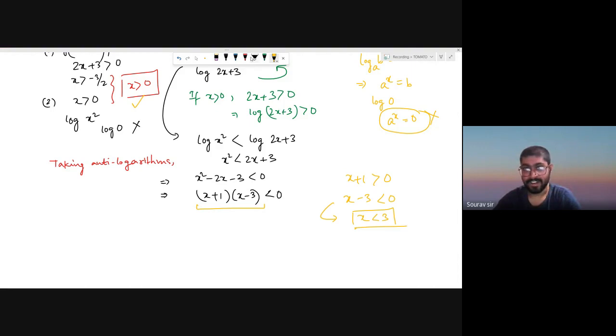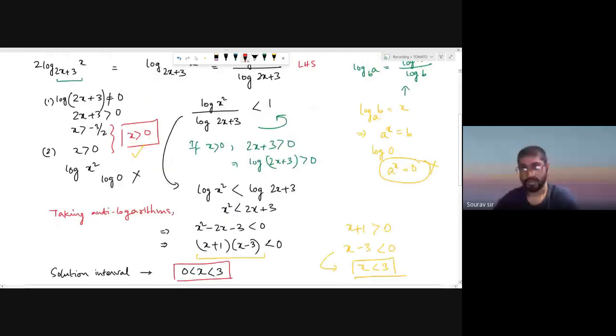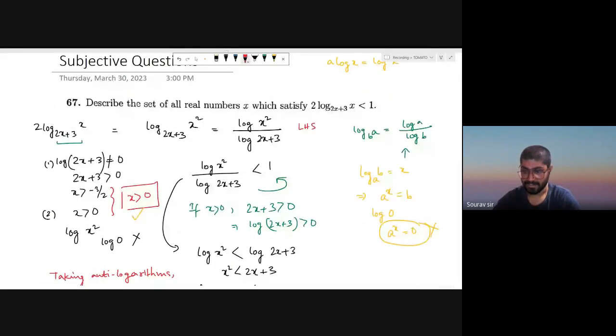But we already started with x greater than 0. So what is the interval in which we get the solution? This is 0 less than x less than 3. That is your answer. So for 0 less than x less than 3, this inequality is satisfied.